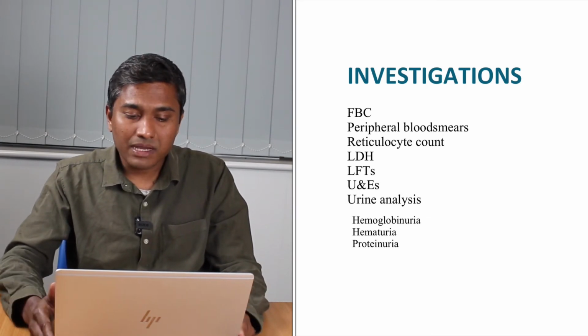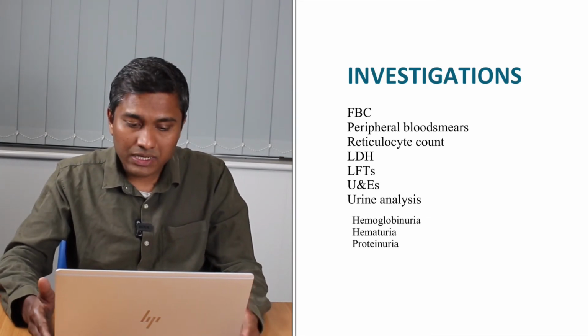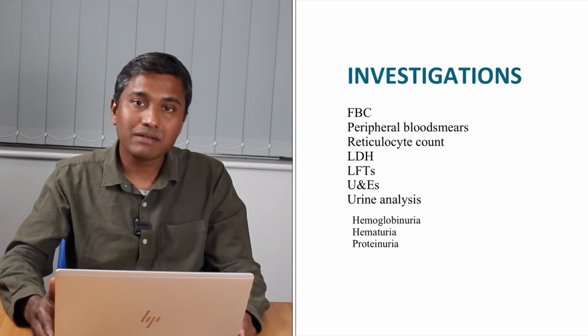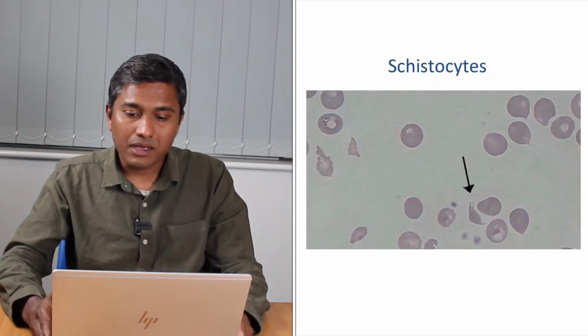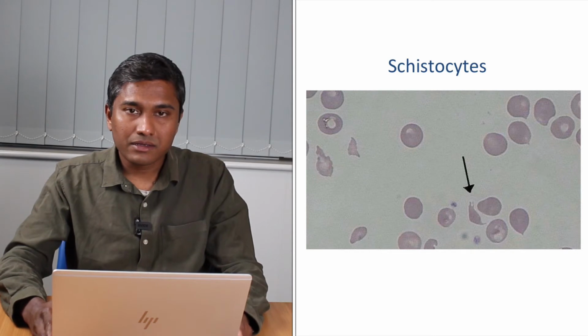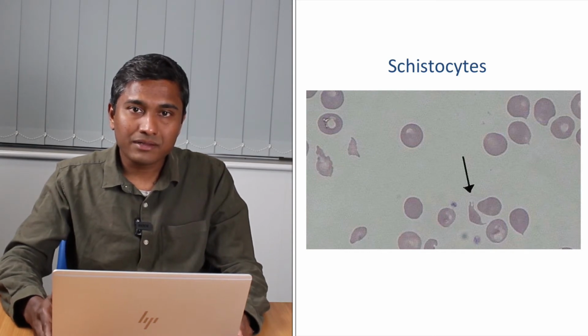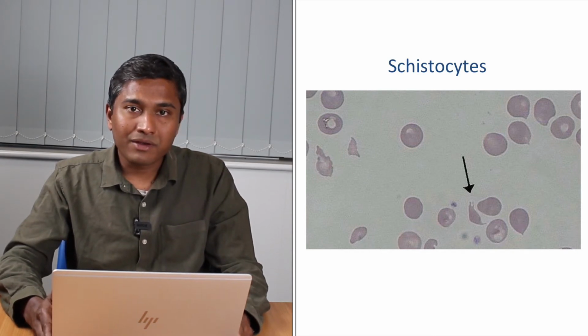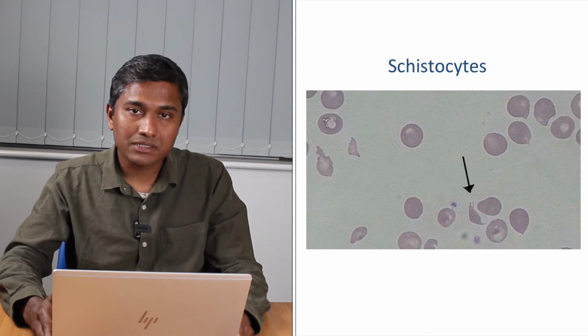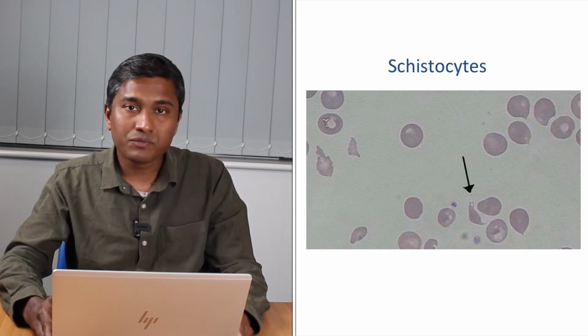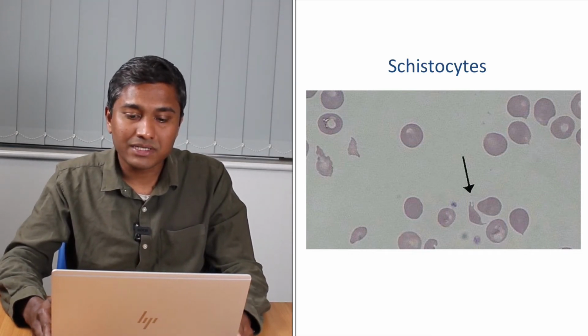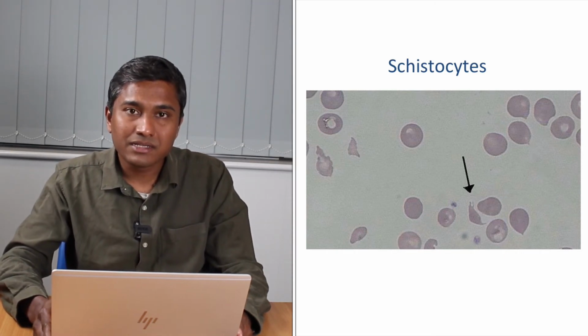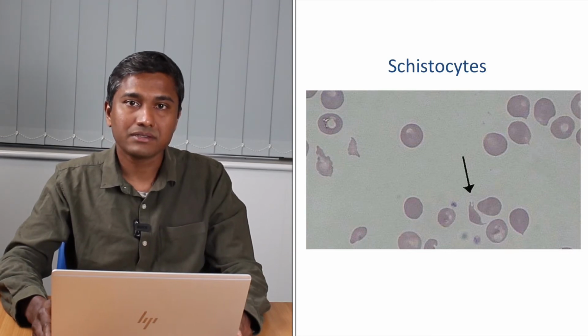Urine analysis may reveal hemoglobinuria, hematuria, and proteinuria. As I explained earlier, the blood passing through narrowed peripheral capillaries leads to hemolysis. This leads to fragmentation and destruction of RBCs. When you see the peripheral smear, what you see is schistocytes, as you see in this slide, fragmented RBCs.